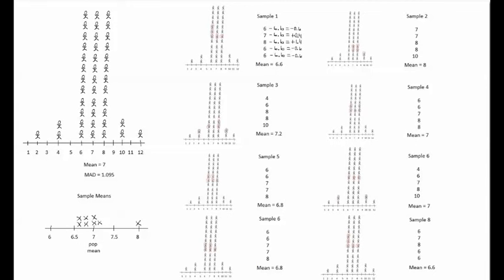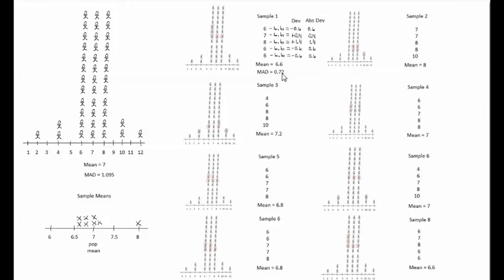We would get our deviations, and then we would take off all of the negative signs to get absolute deviations. And then we would add the 5 absolute deviations and divide the total by 5. And then we would get the mean absolute deviation of the sample.